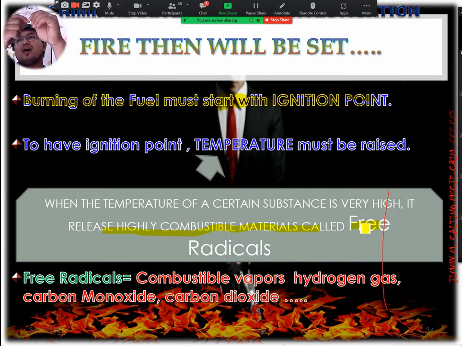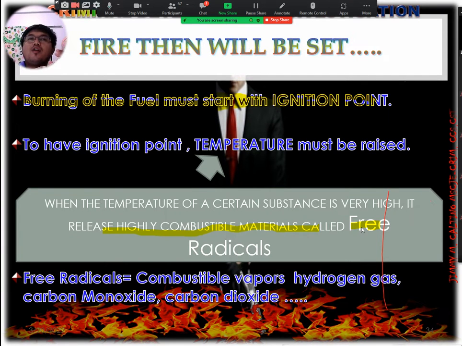Pag pinainitan ko this paper until it reaches the ignition point, maglalabas ngayon siya ng tinatawag na combustible material. Again, from the word combustible, mga material na masusunog talaga. Magpapalabas siya ng tinatawag nating free radicals. Okay? Ngayon, si free radical, ito yung magpapalabas ng vapor. Okay? The vapor, which is the hydrogen gas, carbon monoxide, carbon dioxide, ito na yung masusunog. Okay?